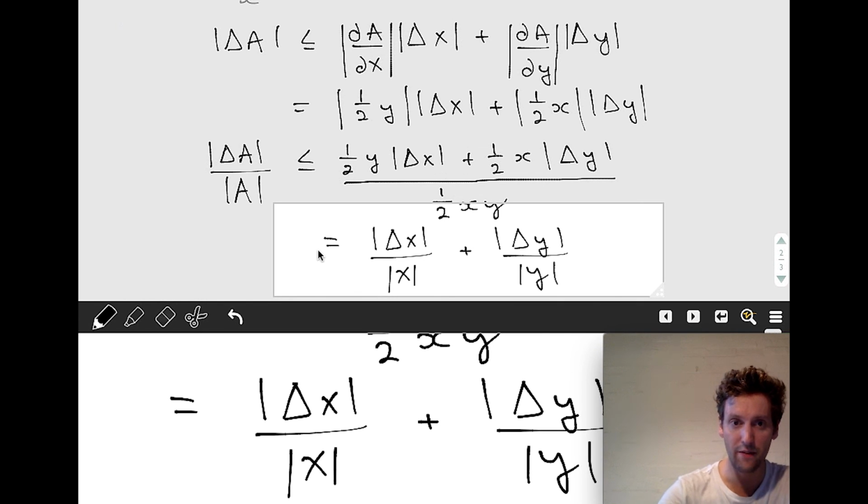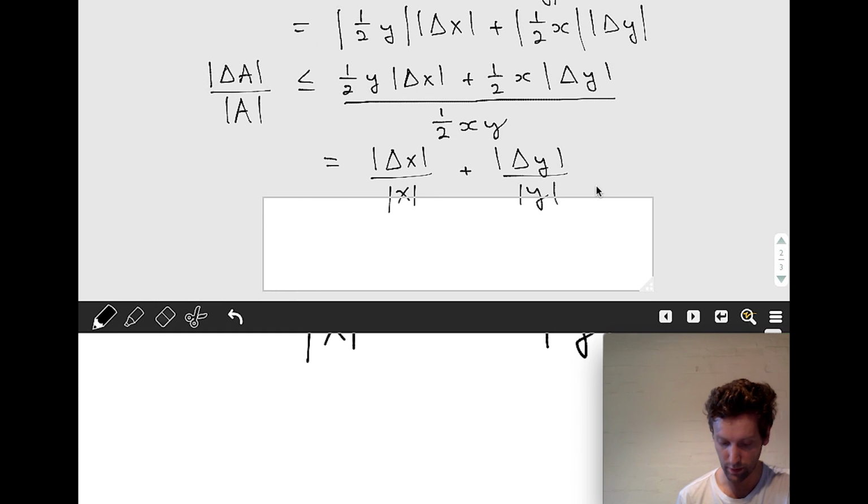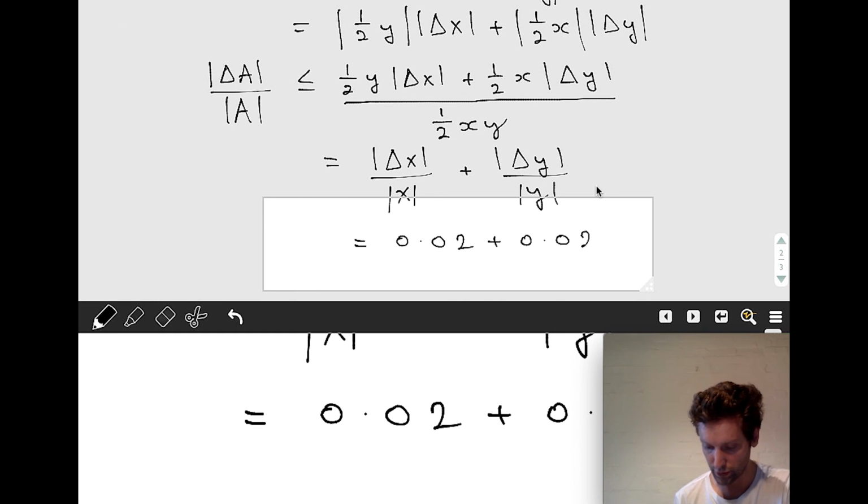And you see that I have expressed the relative error in the area entirely in terms of the relative error in x and the relative error in y. So we know what those are. They're both 2% or 0.02. So this is equal to 0.02 plus 0.02, which is equal to 0.04.